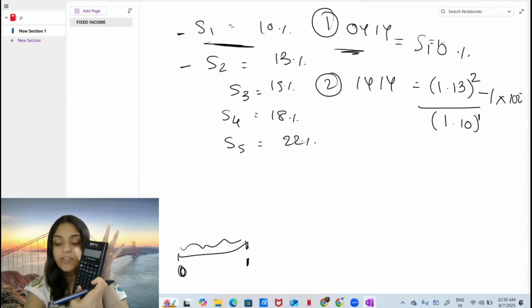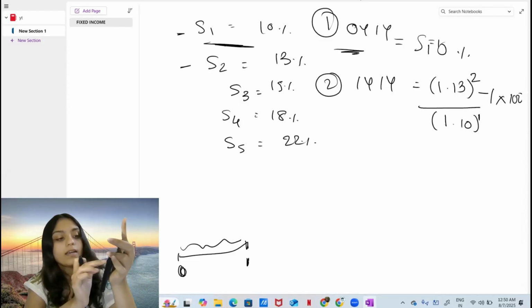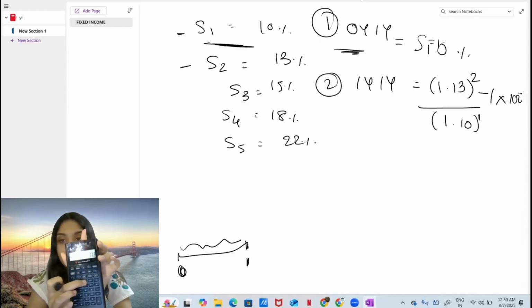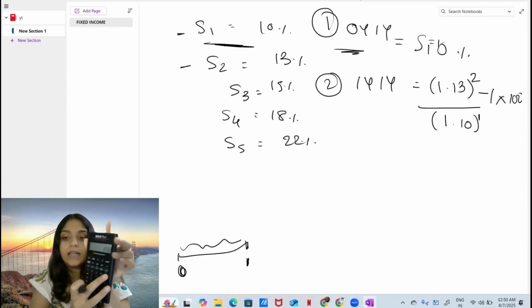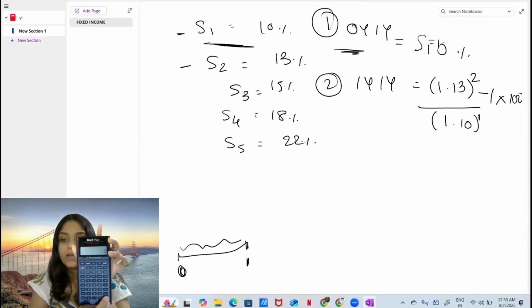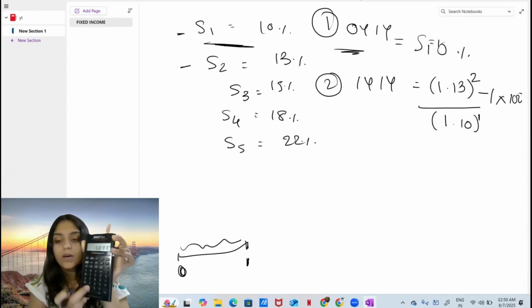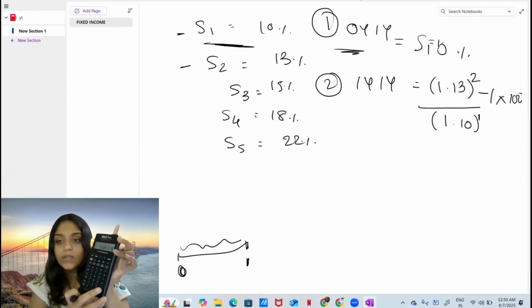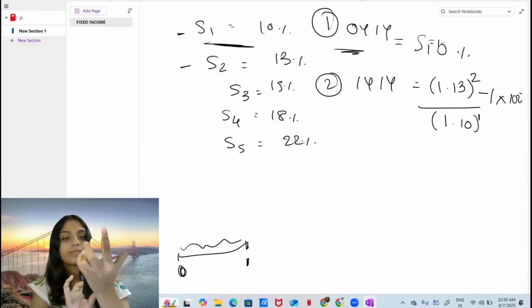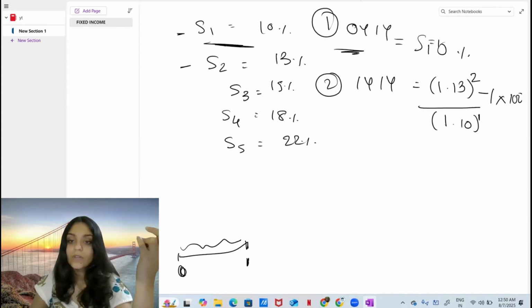First type 1.13, then square, then divided by 1.10, and then equal to, and then minus 1 is equal to, into 100. That is 16.08.